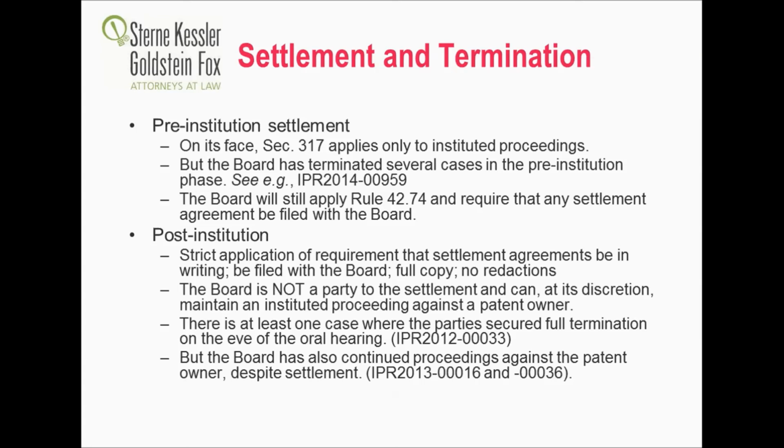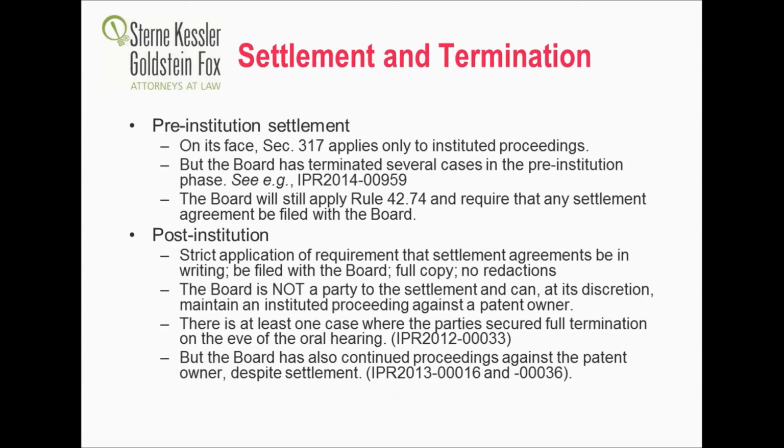And even though Section 317 doesn't apply on its face, the board is still applying that statutory provision and the rule that enforces it, Rule 42.74, and even for pre-institution, they're requiring settlement agreements, if they exist, to be filed.